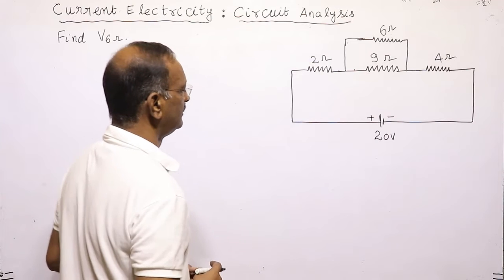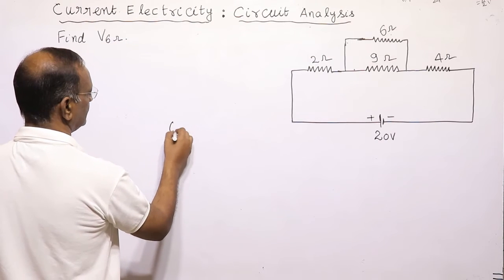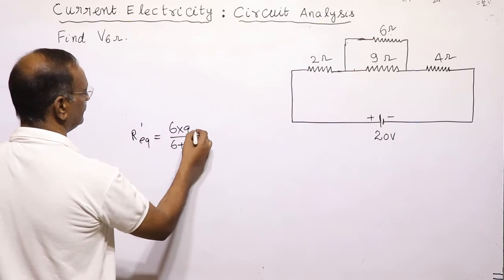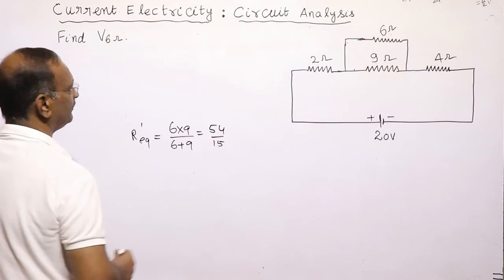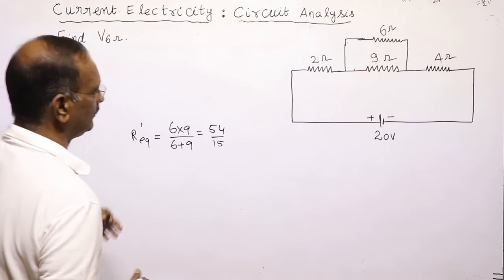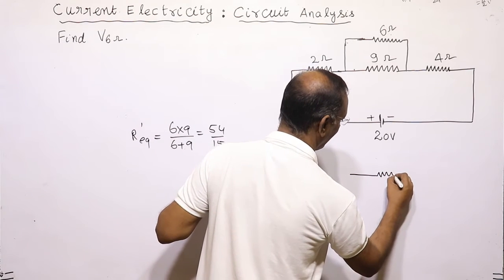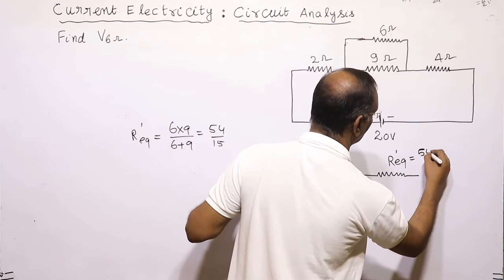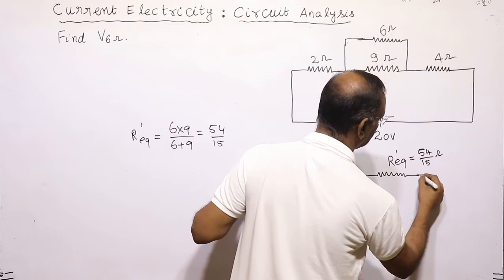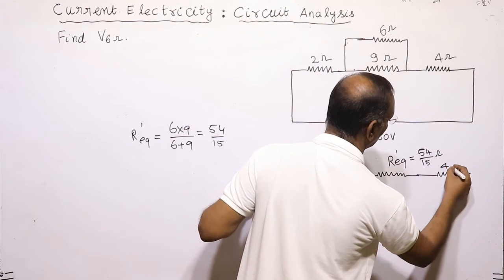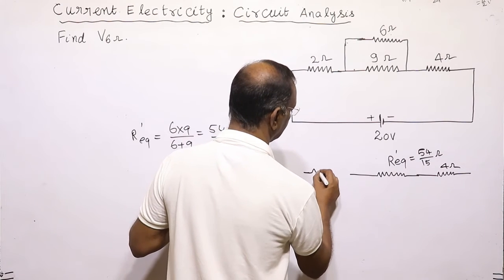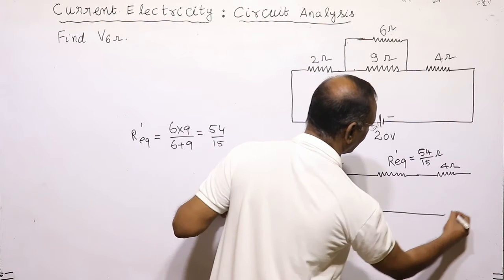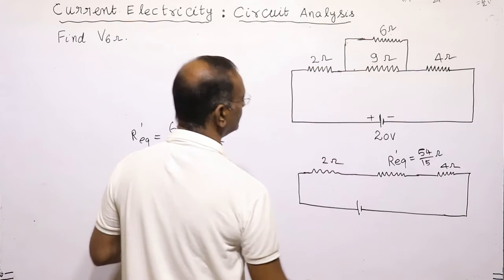This and these are parallel, so 6 into 9 divided by 6 plus 9 is equal to R equivalent dash, which is 54 by 15 ohm, followed by 4 ohm, then followed by 2 ohm and the battery, which is 20 volt.